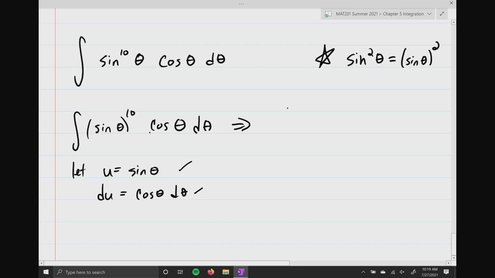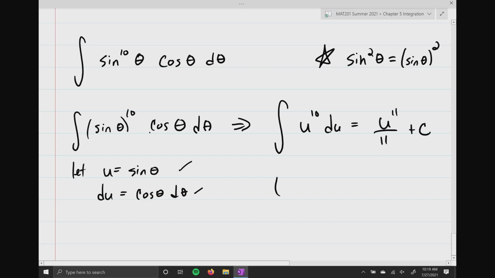So this is going to be the integral of u to the 10th power times du. It's as simple as that, where this equals u to the 11th over 11 plus a constant, and then make your substitution.